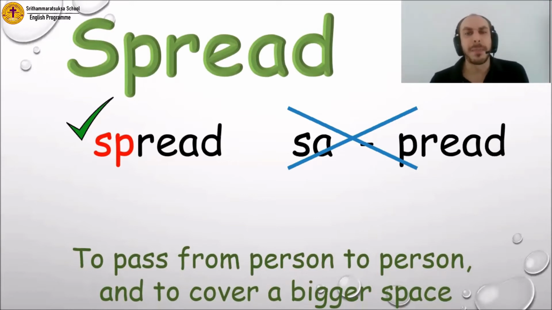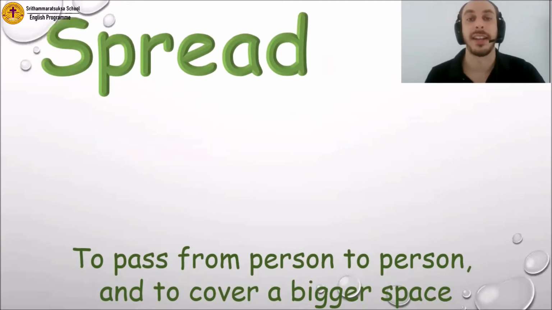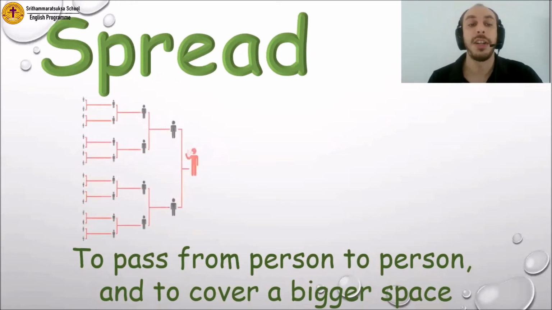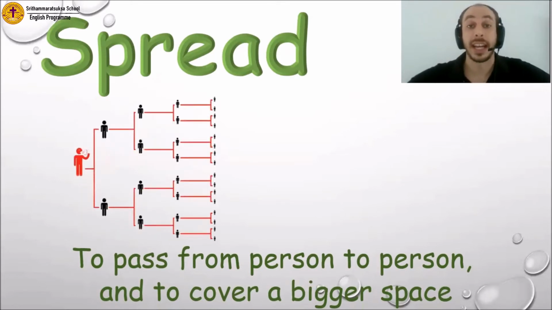Okay, let's look at some pictures to better understand this. When it spreads from person to person, imagine one person is sick first. Then they spread it to two of their friends. Then those two friends spread it to their two friends. And this keeps happening and happening. Every person spreads it to two other people, or maybe even more, and it gets bigger and bigger.